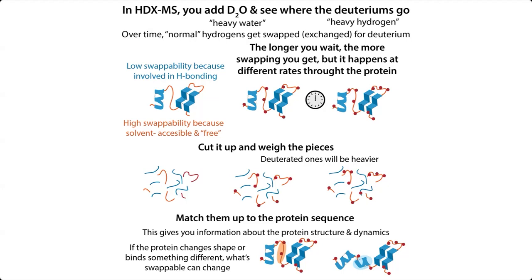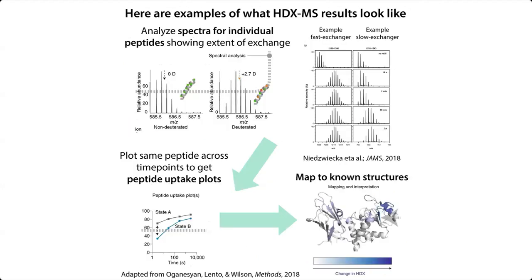And because HDX-MS is working in solution, you can see changes in these dynamics over time and in the presence of different conditions. So we'll get much more into the details, how you interpret the data, all this stuff.